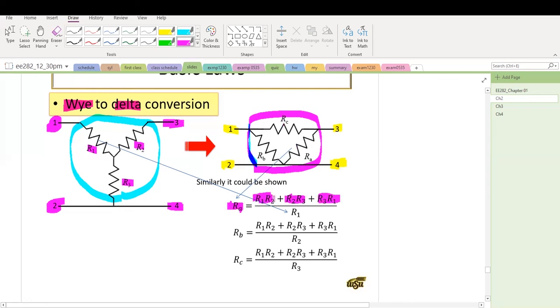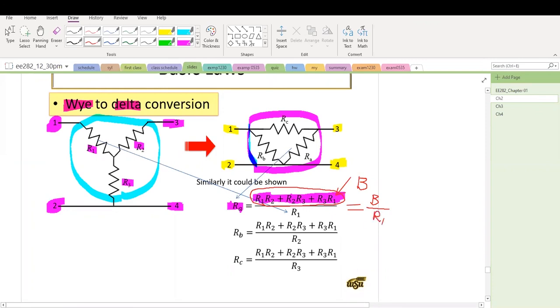Those are three resistors. Take two of them, take the product, and then sum them up. If we shorthand this quantity as quantity B, then RA equals B divided by R1.